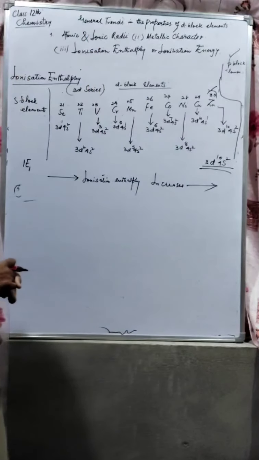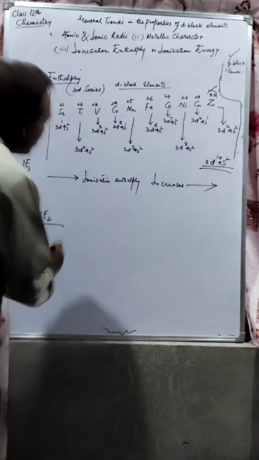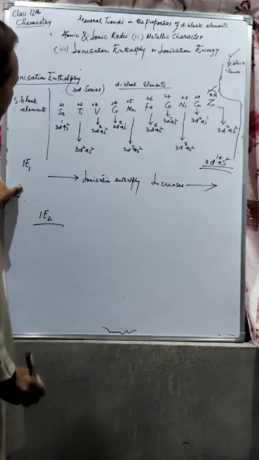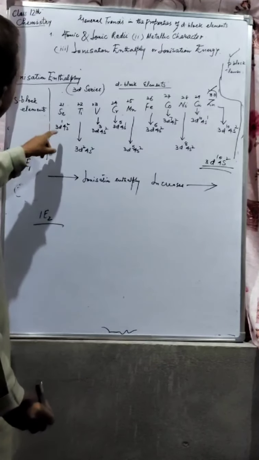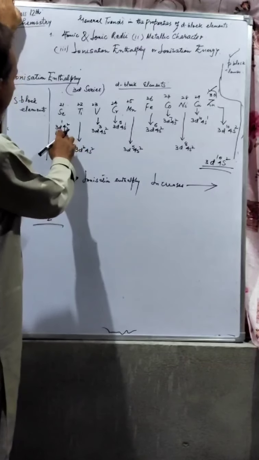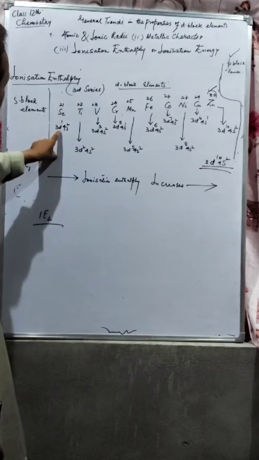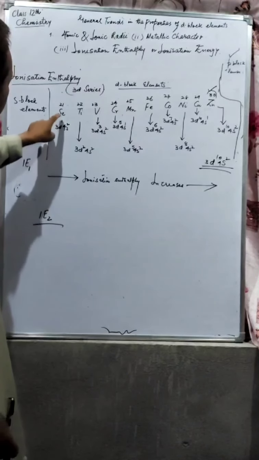If we take the second ionization enthalpy, that is IE2, IE2 means we have already removed the first electron from the outermost shell electrons. That means here we have scandium.